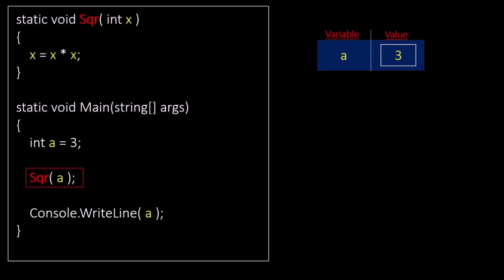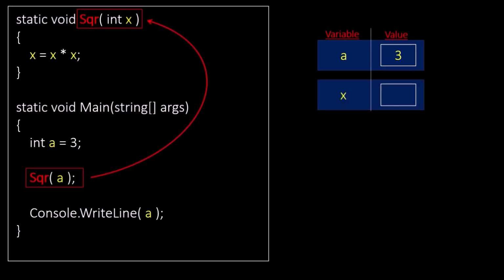Next, the program calls a method called sqr, but here's the important part. C# passes the value of a, not the memory address. So basically, it makes a copy of the value 3 and gives it to a new variable inside the method called x.